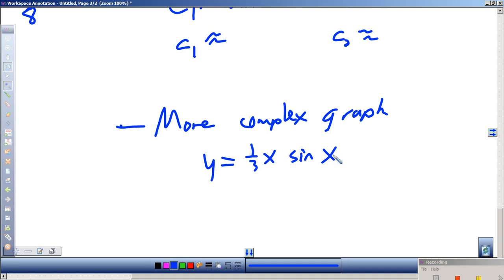Exactly. And if you remember doing the homework, if you drew the damping factors, 1/3 x and negative 1/3 x, the graph is constrained between them. If you drew the graph, it would look something like this.